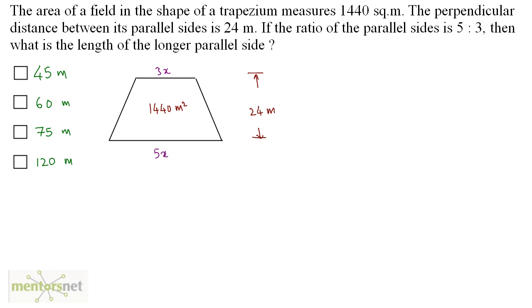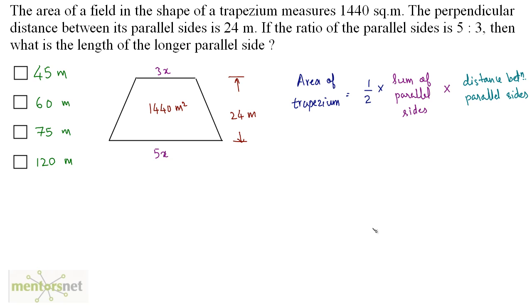Now we know the formula for calculating the area of a trapezium: half into sum of parallel sides into distance between the parallel sides. So area is given 1440, which is equal to half into sum of parallel sides, that's 5x plus 3x, times the distance between the parallel sides, that's 24. So 2 times 12 is 24. Now 1440 is equal to 5x plus 3x is 8x times 12.